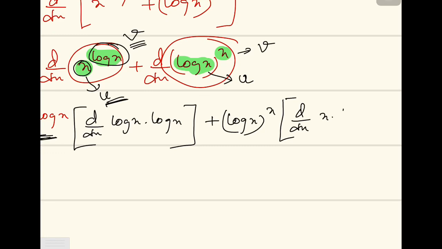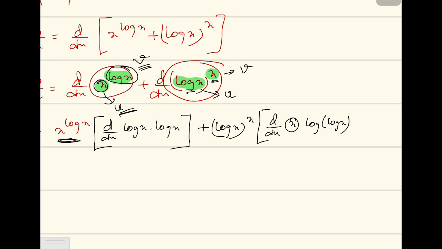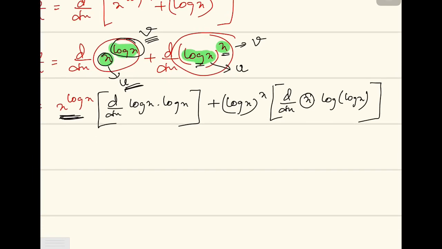V is x and log u means log x, because it is v log u. V is x, and u is log x, so log x. Correct? Have you understood this? It's quite tricky. Take your time.